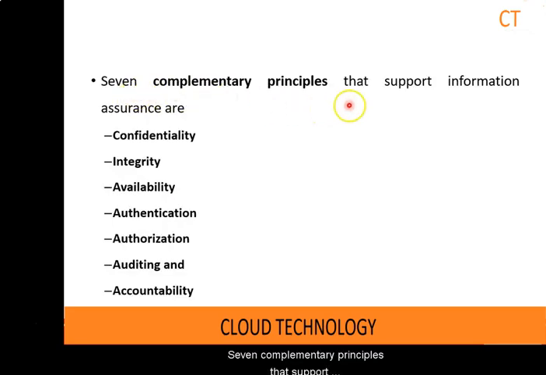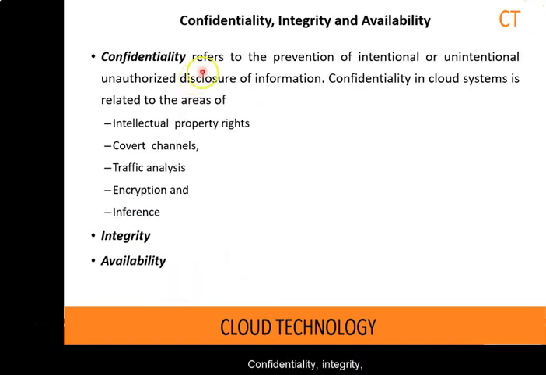Seven complementary principles that support information assurance are confidentiality, integrity, availability, authentication, authorization, auditing, and accountability. Confidentiality, integrity, and availability are sometimes known as the CIA triad of information system security and are important pillars of cloud software assurance.